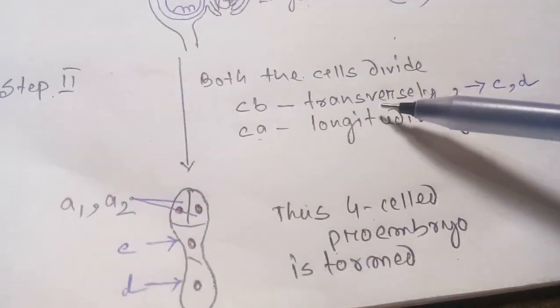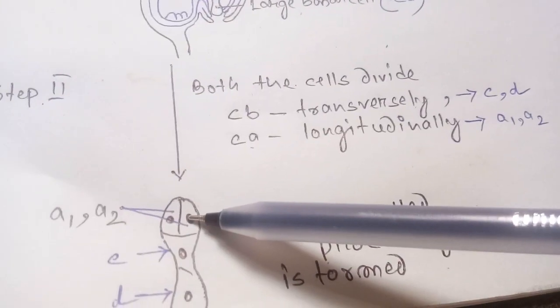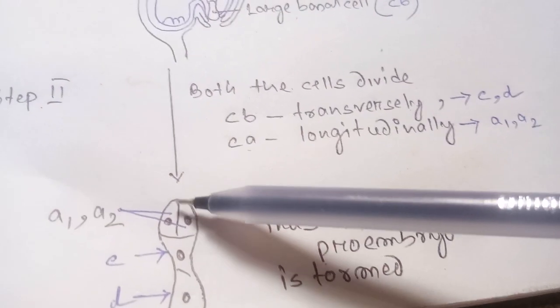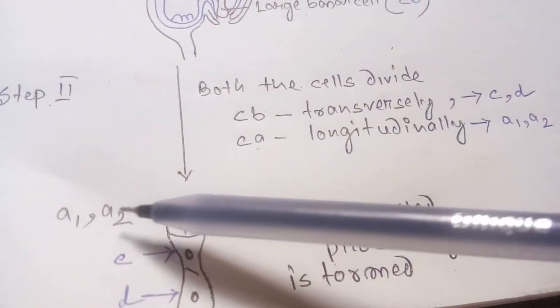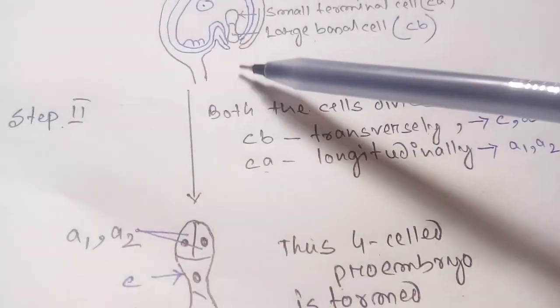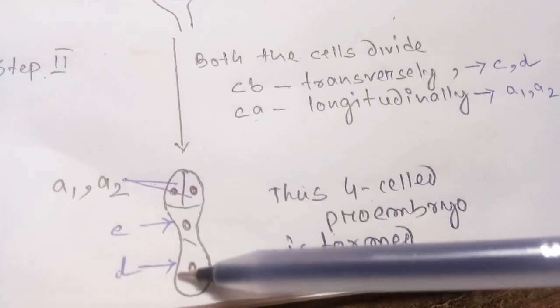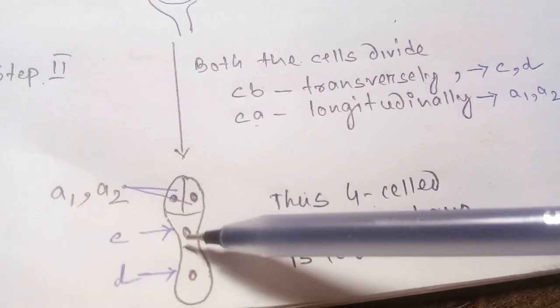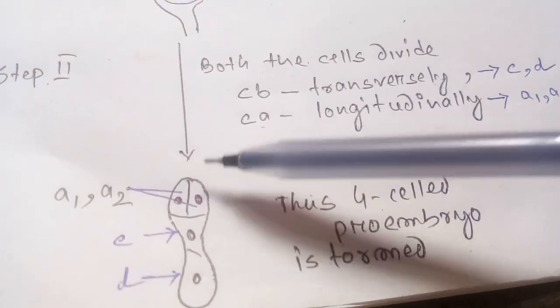The smaller apical cell will divide longitudinally to give rise to A1 and A2, and the larger basal cell will divide transversely to give rise to C and D respectively. Thus, a 4-cell structure has been obtained.